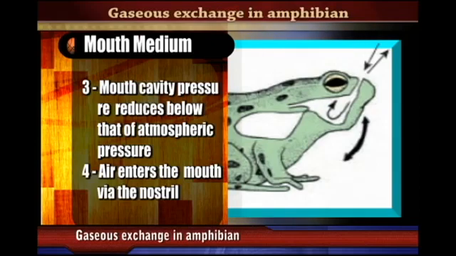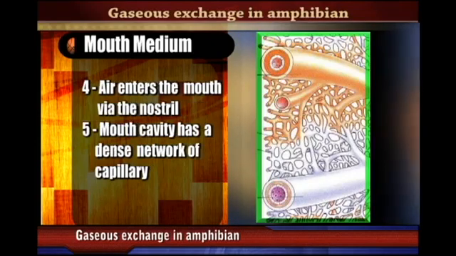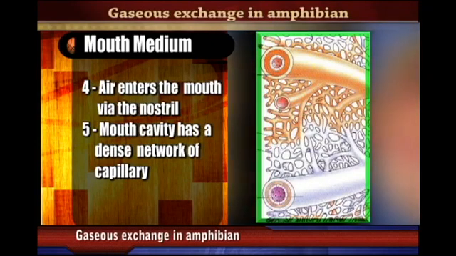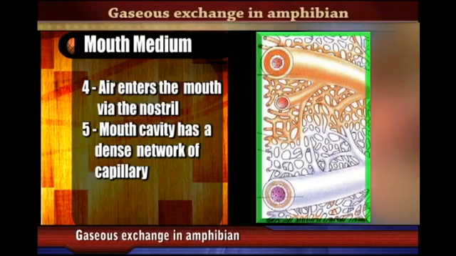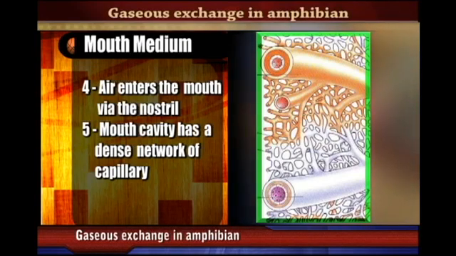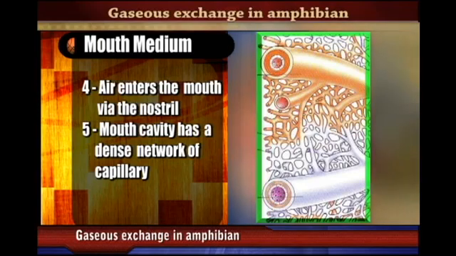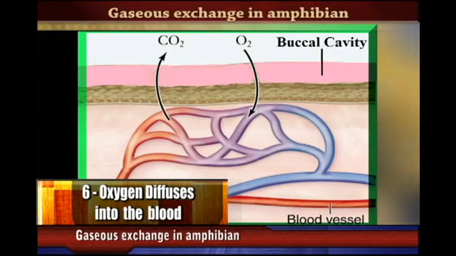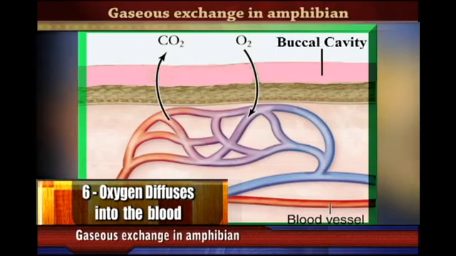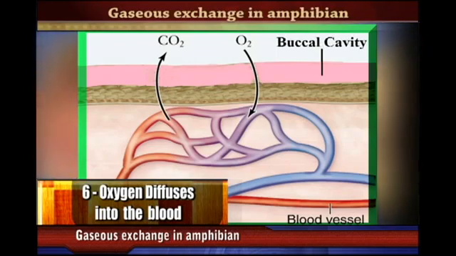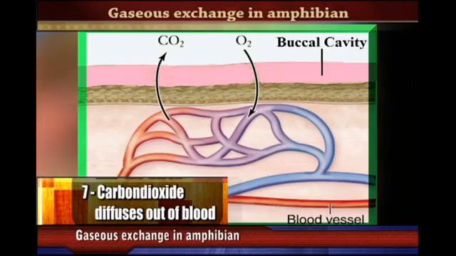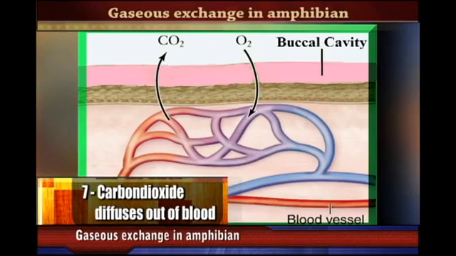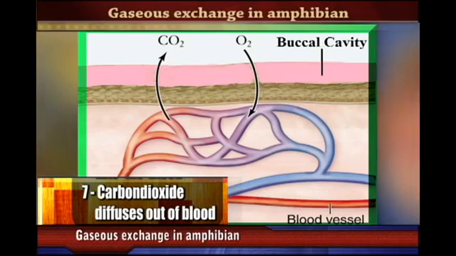The mouth cavity of the frog has got a dense network of capillaries, and the oxygen in the mouth cavity is going to diffuse into the blood of these blood capillaries, and carbon dioxide is going to diffuse out of the blood into the buccal cavity.